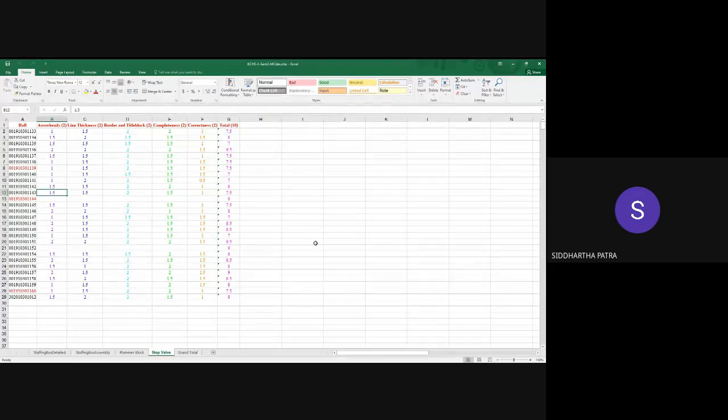As you can see, in most cases the reason for deduction has been the arrowheads, and minor deductions with line thickness. Border and title block, hardly any of you had a deduction. But in these two parts, completeness and correctness, there have been major deductions.